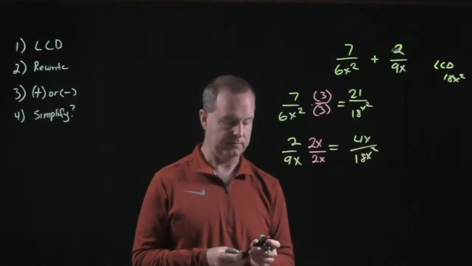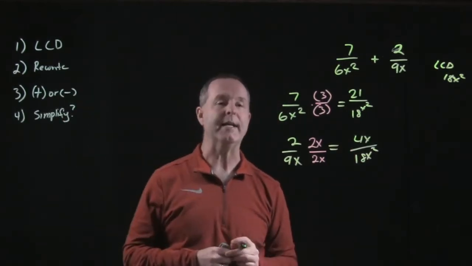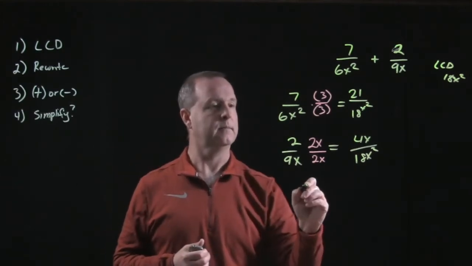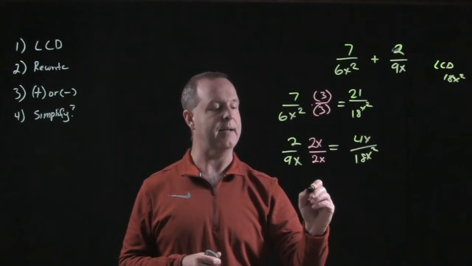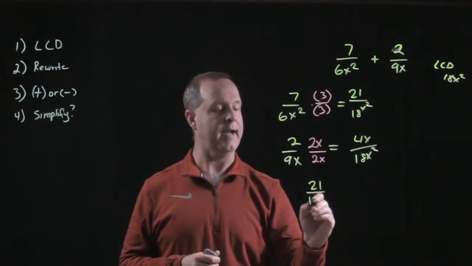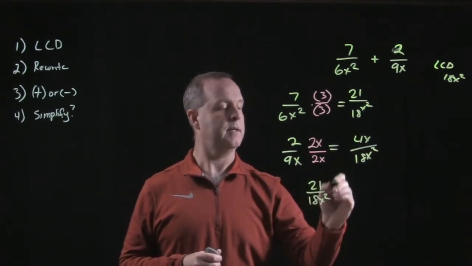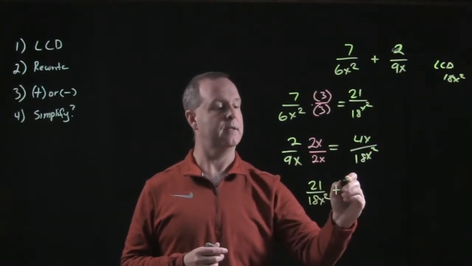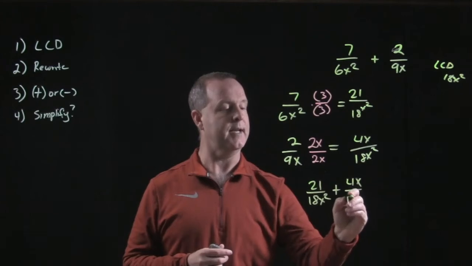So now I can rewrite this expression in its equivalent form. 7 over 6x squared is the same thing as 21 over 18x squared, plus 2 over 9x is the same thing as 4x over 18x squared.